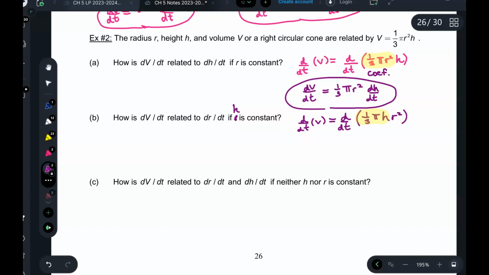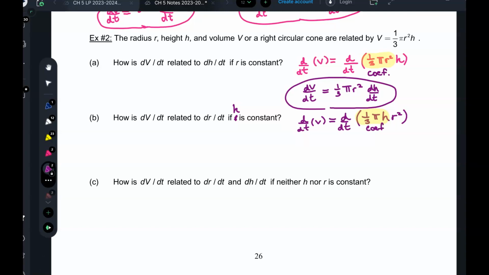Right, so if that's my coefficient here, what would dv/dt equal? Okay, all of this is a coefficient, so really I'm just doing the derivative of r squared, which will be 2r dr/dt, right?